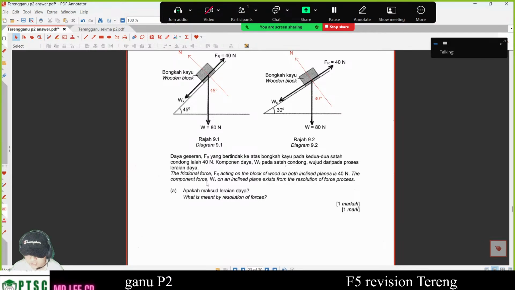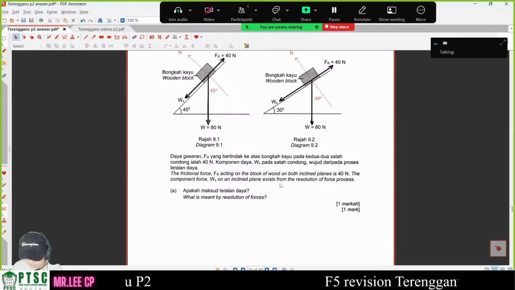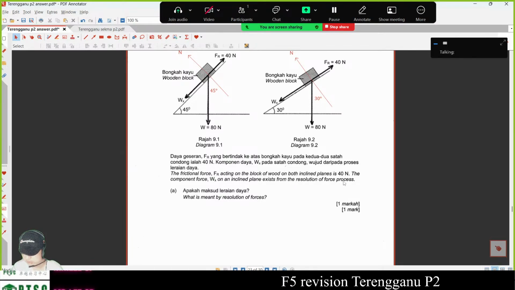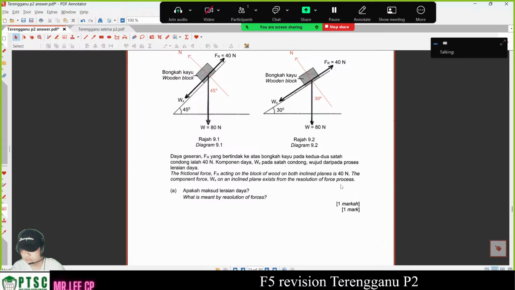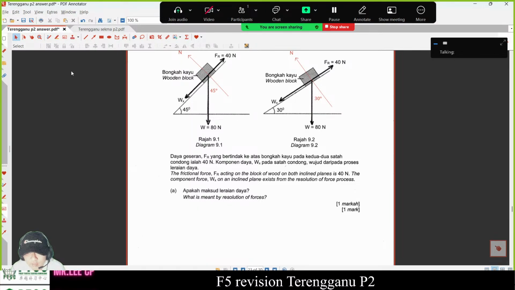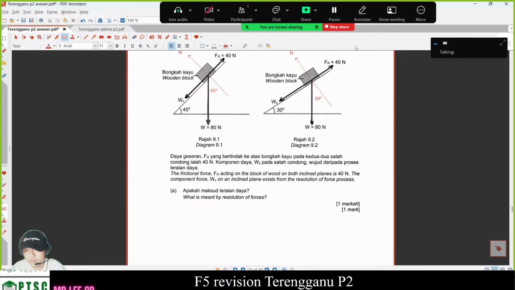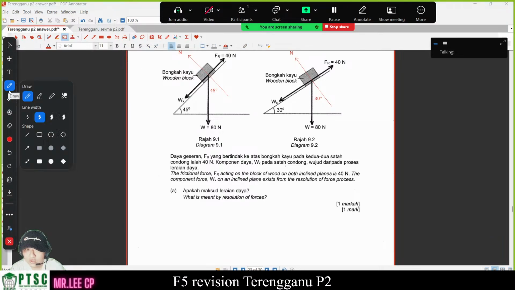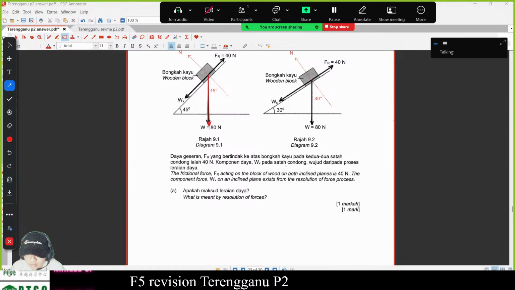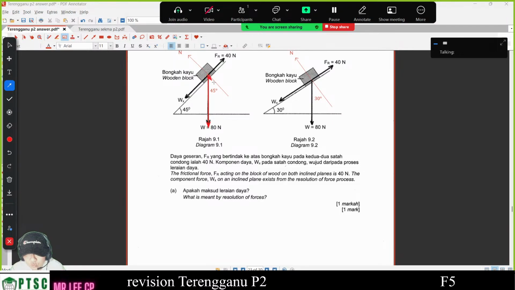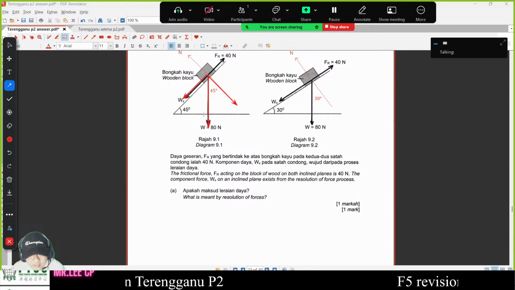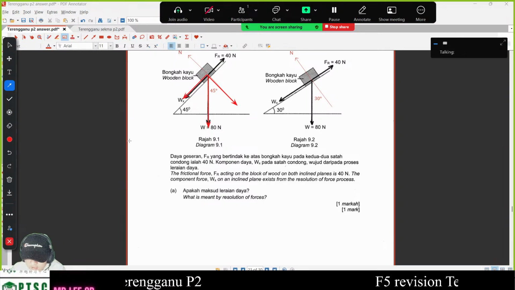The component force Wx on the inclined plane comes from the resolution of force process. So what is meant by resolution of force? Resolution of force is when you have one force here, and you break it into two forces, one coming to here, one coming to here.